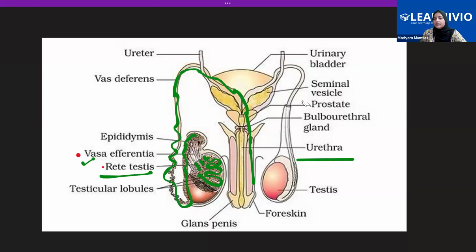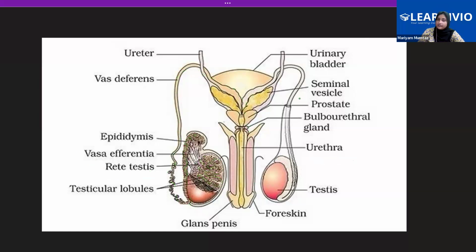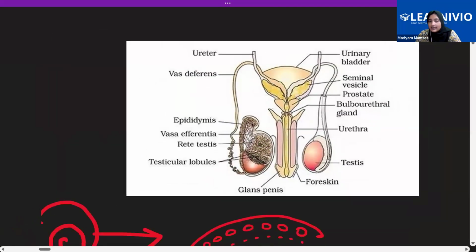This is how the pathway of sperm looks. The sperm is released outside the body with the help of the accessory ducts. If they are not there, then the sperm will not be transported out. Is it clear, students?